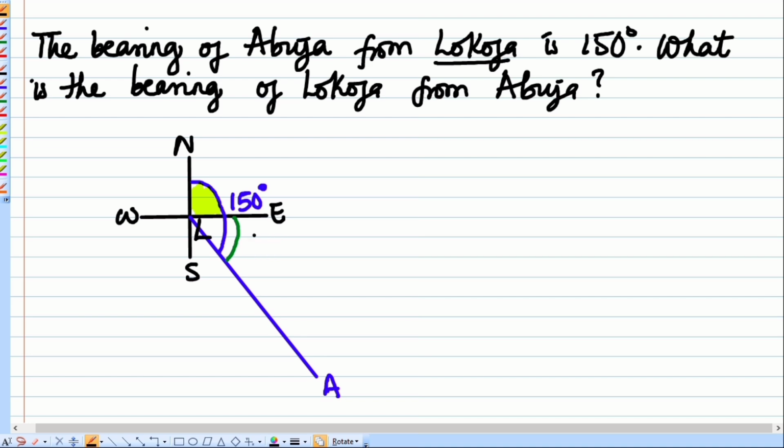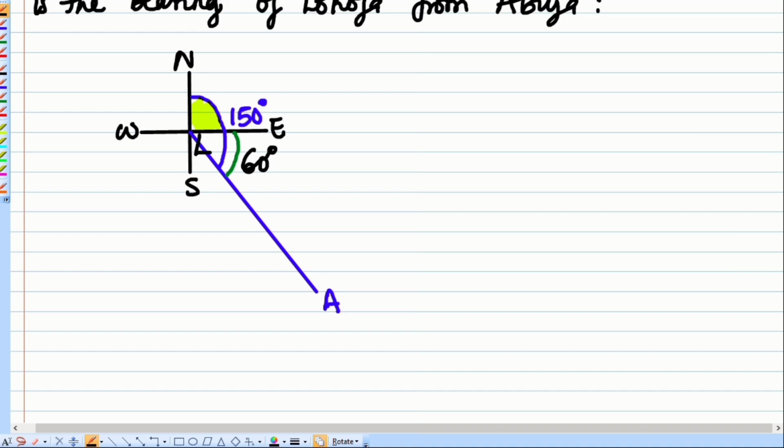So we now know that the angle here would be 60 degrees. It's very important to do these calculations to help you get everything straight. So now we're going to put our cardinal at A. Abuja, I use A for Abuja.